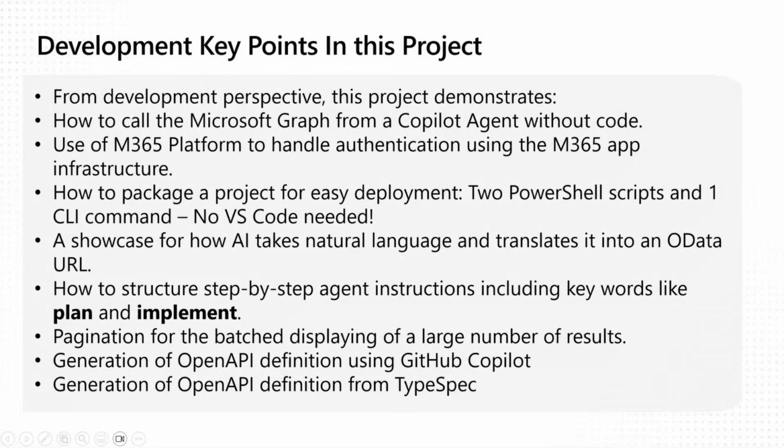Okay, so I wanted to point out some of the key development points in this project. One is that it shows how to call the Microsoft Graph. In this case, I'm calling the endpoint that retrieves the Message Center messages, and I'm doing this without any code.